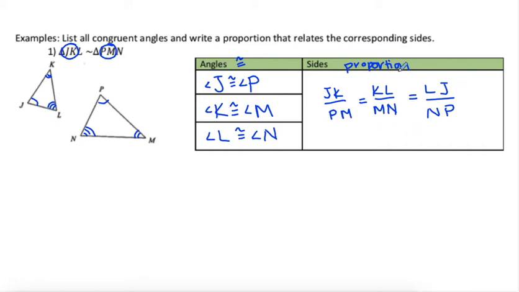So again, there are no side lengths or angle measurements here, but we know this has to be true because they're already telling us that these are similar objects.